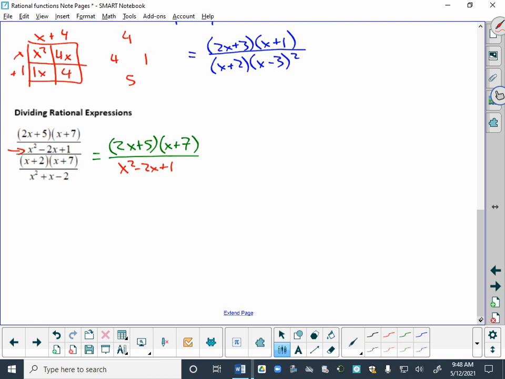Divided by, we rewrite that as multiplication by the reciprocal. And so when we flip that one over, we get an x plus 2 here and an x plus 7, and we've got an x squared plus x minus 2 there.